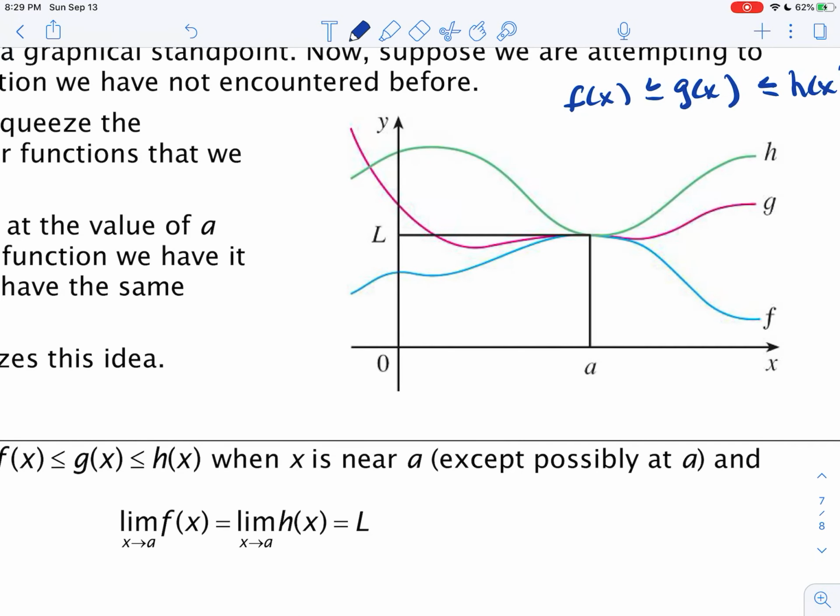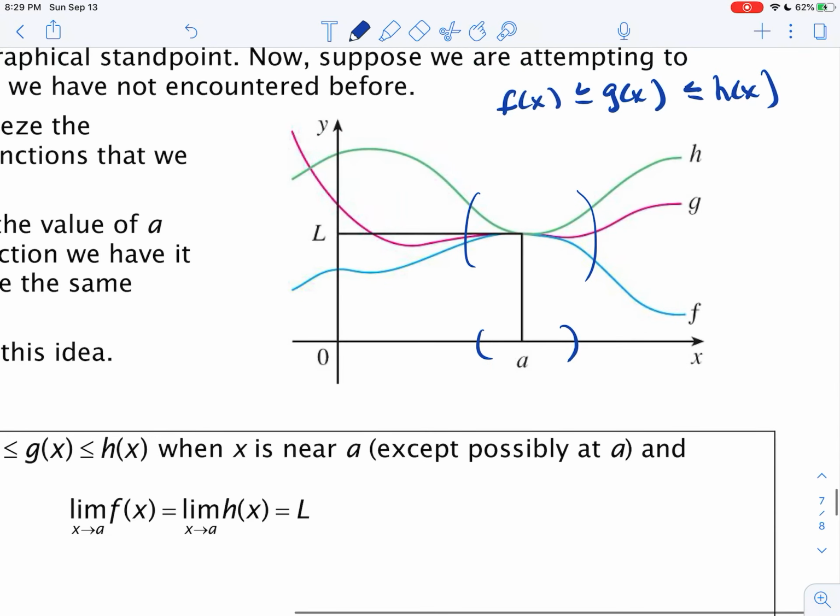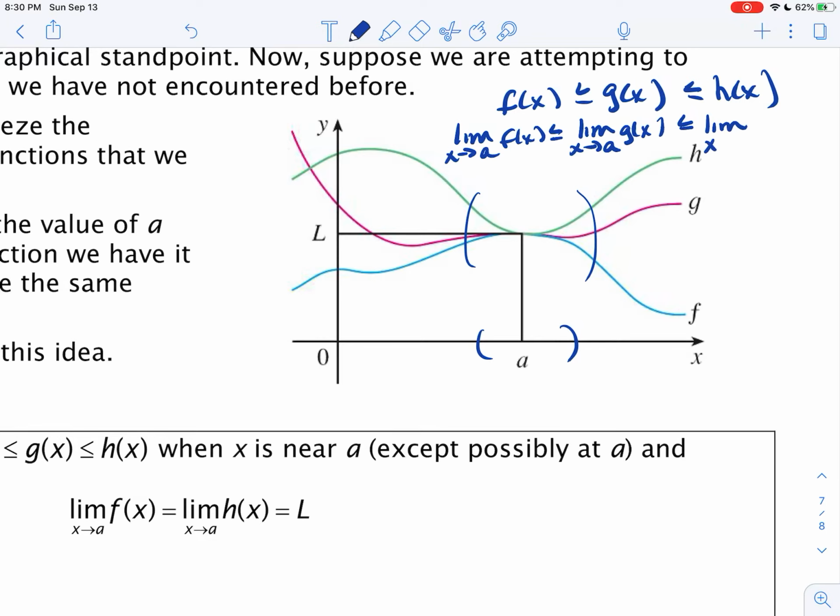For values that are really close to a, we can see here that g is squeezing through that limit. Good? So it's almost like we're saying the limit as x approaches a of f of x is less than or equal to the limit as x approaches a of g of x, and that's going to be less than or equal to the limit as x approaches a of h of x.